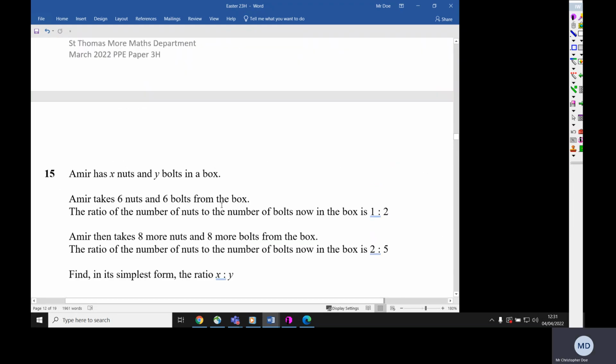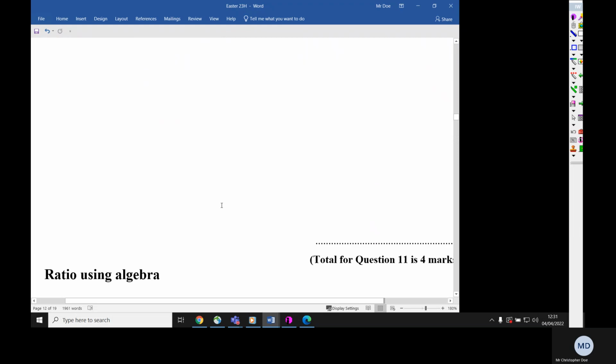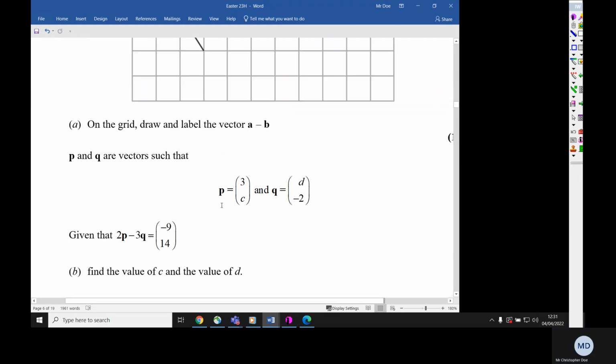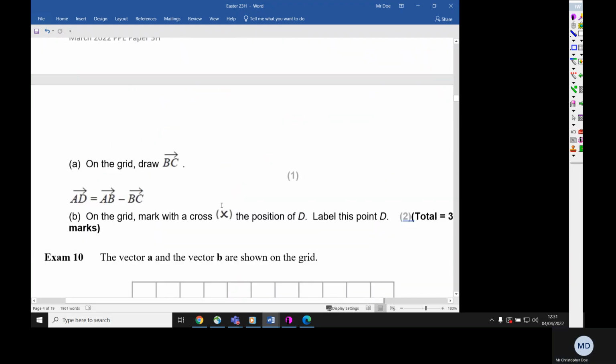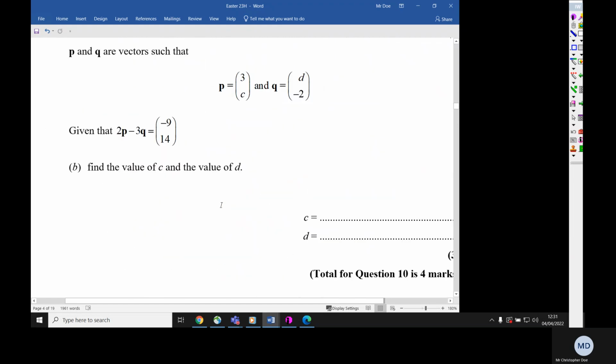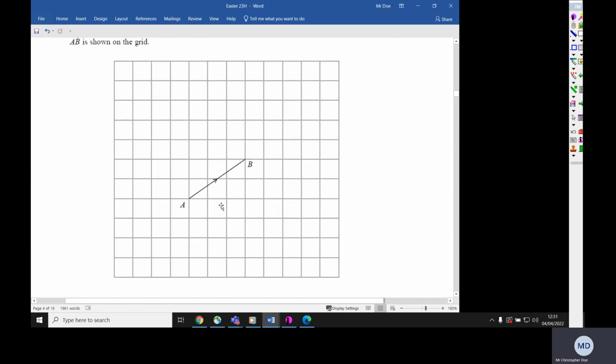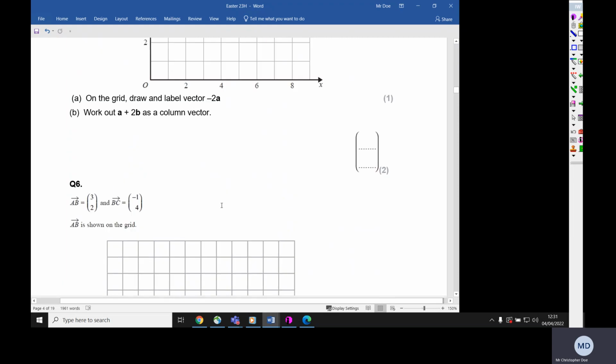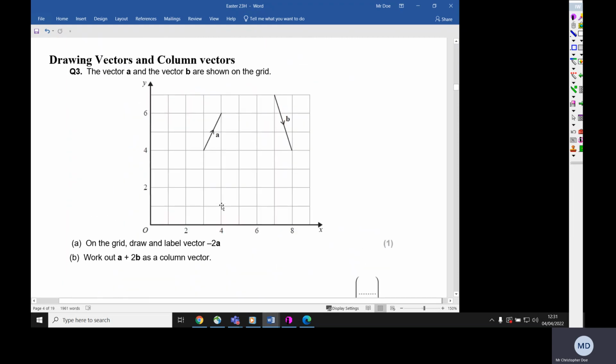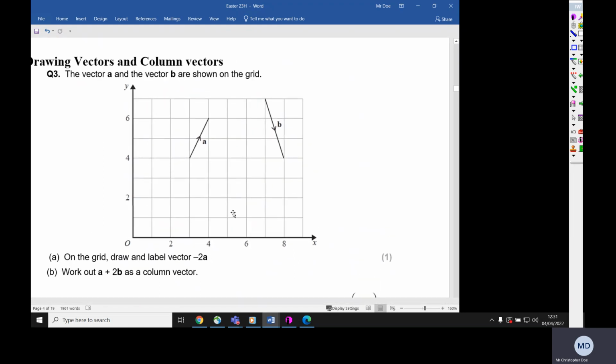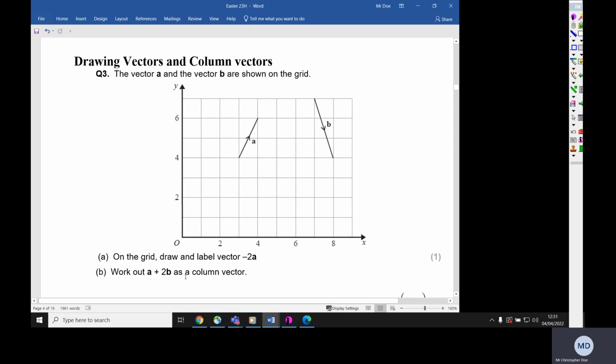Is it near the beginning? I can't find it. That one there. Okay, I can put the other one on later, maybe, but column vectors. This was worth 3 marks, I think. There was a harder vector question, which I can put up in a second if we have time.